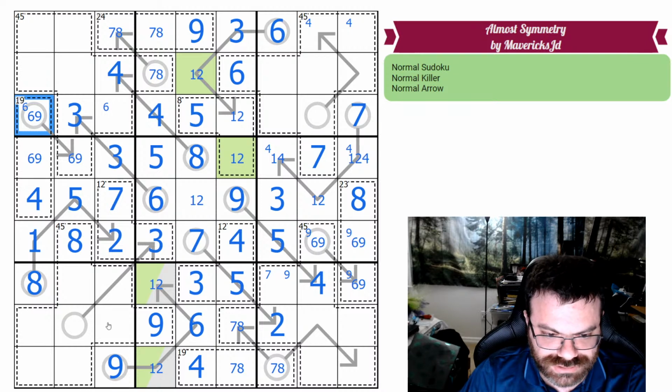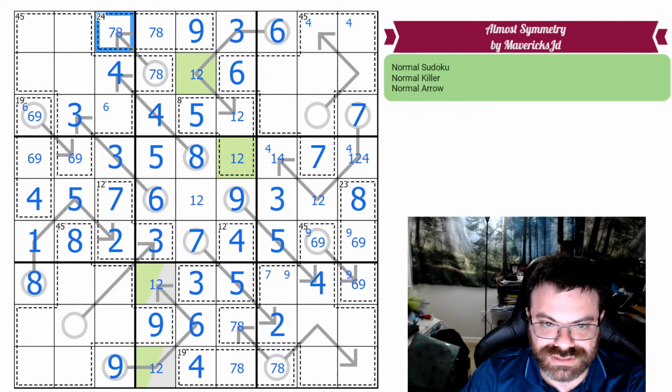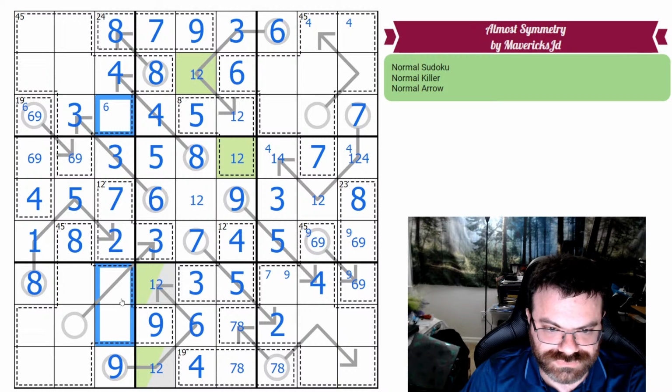All right. Let's see, what do we have left here? Oh, this is an 8. This is 7. So we need a 1. We have 2, 3, 4. We need 5 and 6. Okay, that's not 5.